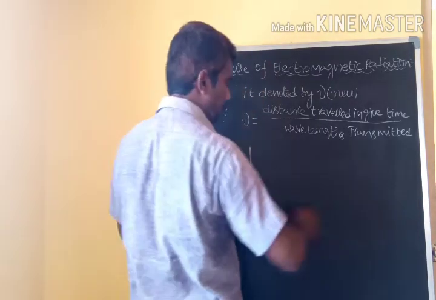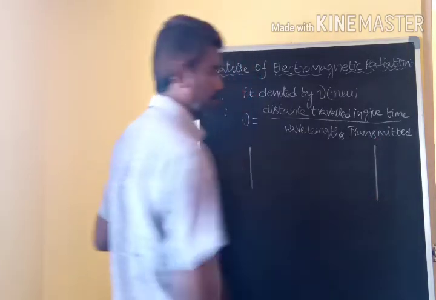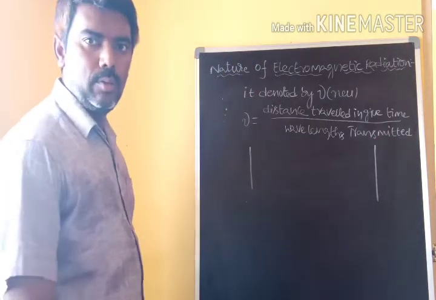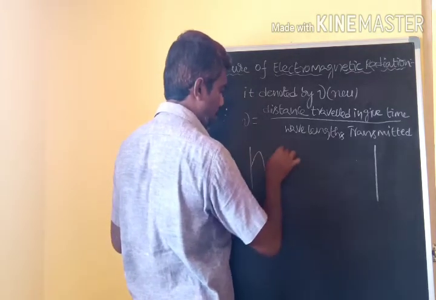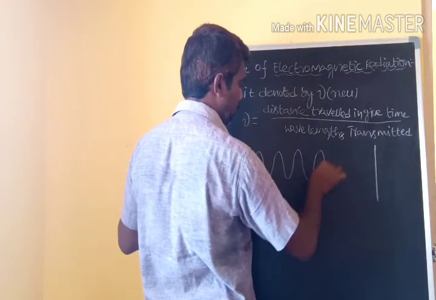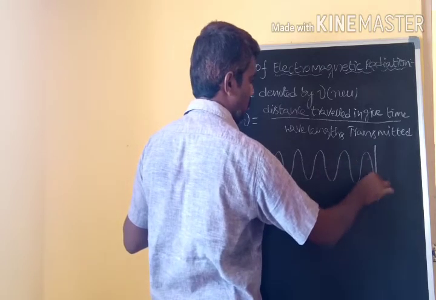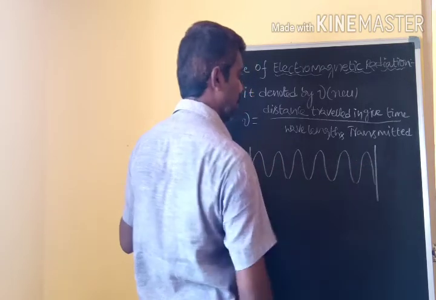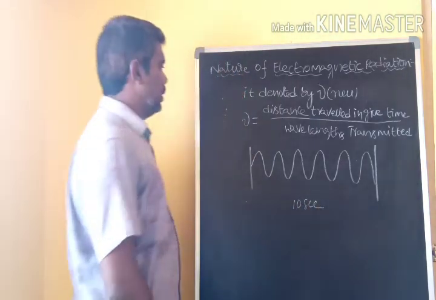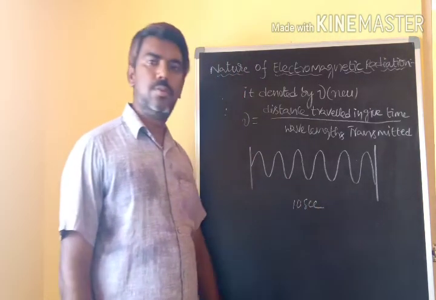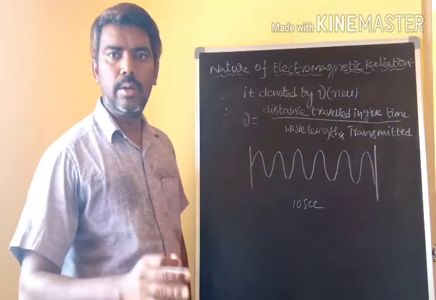For example, I will take a given point. In this given point, how many waves are transferred? Maybe I will take 10 seconds. In these 10 seconds, how many waves? Waves are nothing but one crest and one trough.